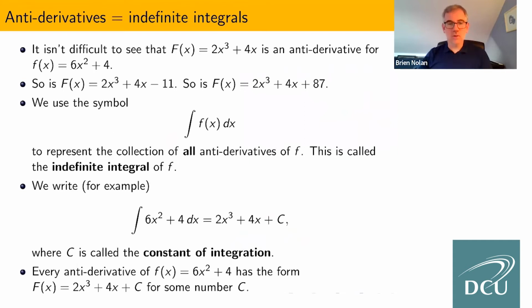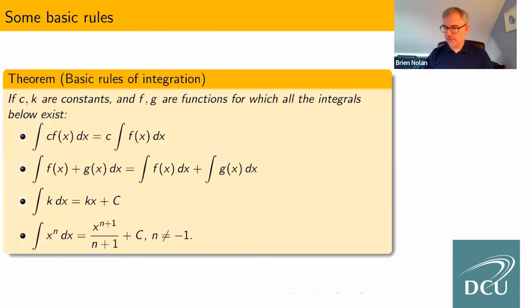Okay, so that's what the second last bullet point is saying. It's saying that every antiderivative of little f equals 6x squared plus 4 has the form capital F equals 2x cubed plus 4x plus c for some number c. Okay, so that's just some background information.